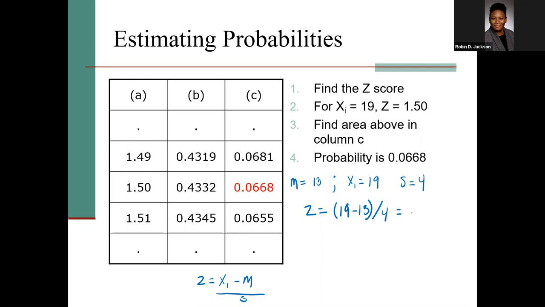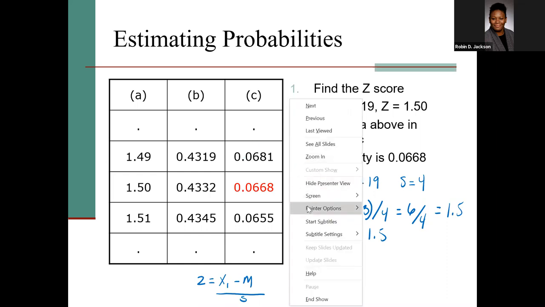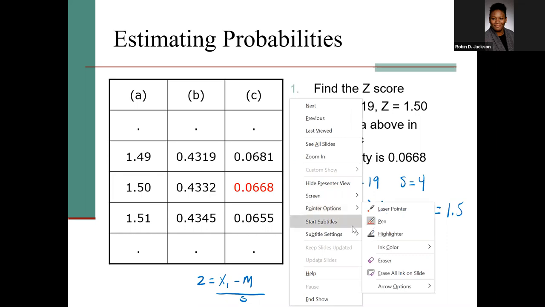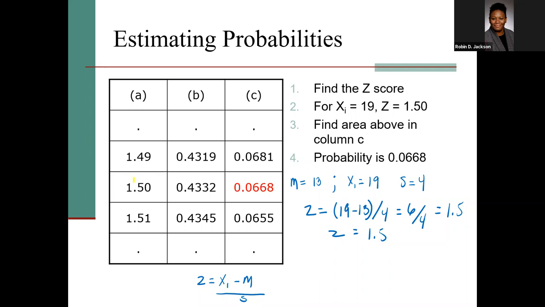What that comes out to is 6 divided by 4, which is equal to 1.5. So I have a Z-score equal to 1.5. Here it is over here, highlighted in red.